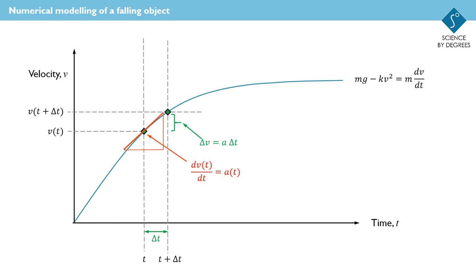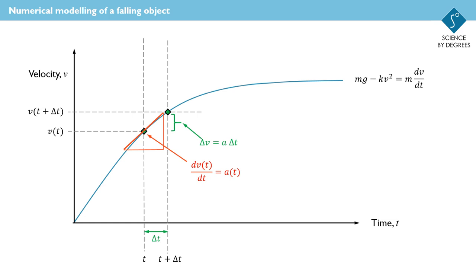Now in modelling it this way, what we're saying is that the red tangent curve is being assumed to be a good approximation to the blue velocity curve. And we've seen this kind of thing before, and we know that that approximation becomes better and better as we shrink delta t smaller and smaller.